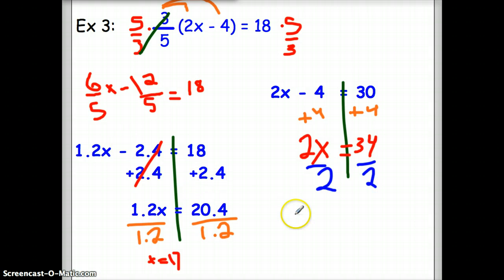And we still end up with the same x equaling 17. Only difference is I didn't have to pull out a calculator to figure things out on the equation on the right. On the left, I had to kind of think about it a little bit more. Not impossible, but quite a bit easier to do this stuff on the right.